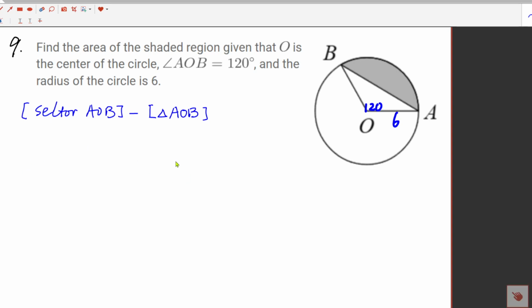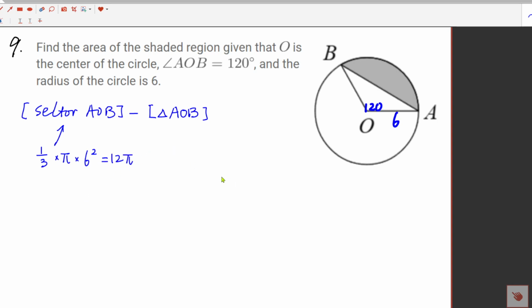Since sector AOB is 120 over 360 degrees, which is 1/3 of that circle, we can easily calculate this area, which is 1/3 times pi r squared, and this gives us 12 pi, right?